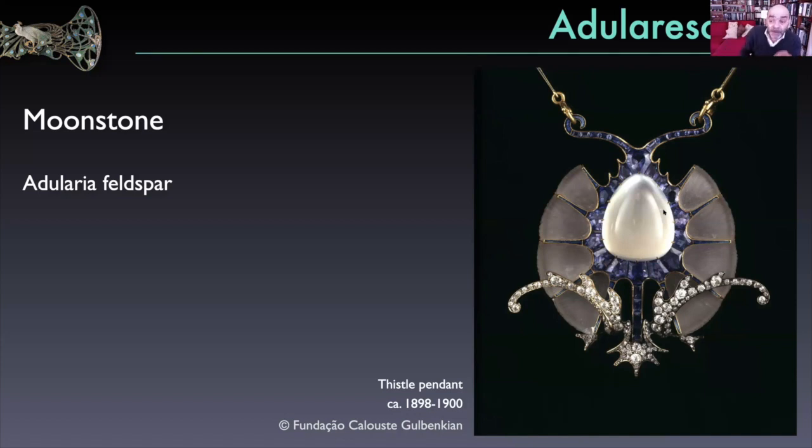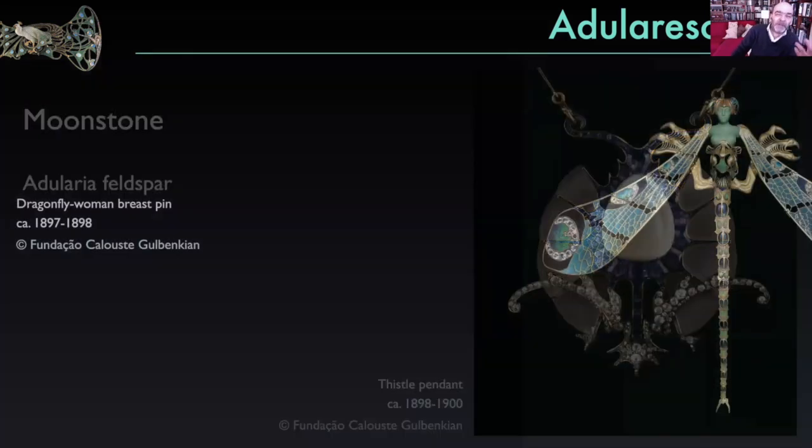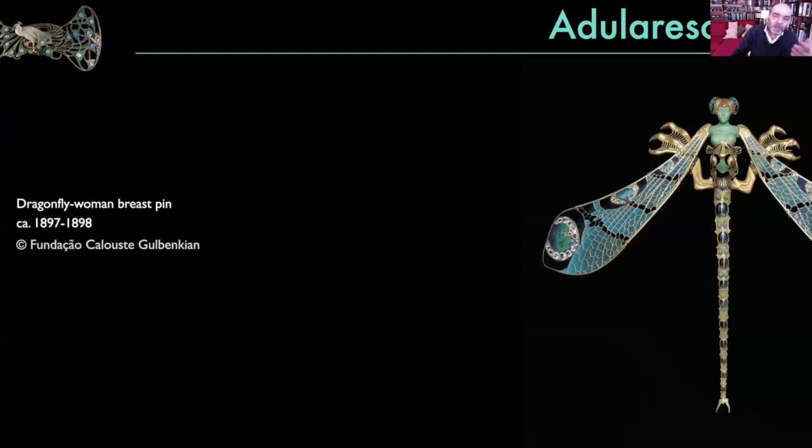And the effects that you can see on adularia, on moonstone, can be like this milky, wavy kind of reflection from the subsurface, like you see on this cabochon, or it can be the more famous bluish reflection or iridescence that has a name. We call it schiller.